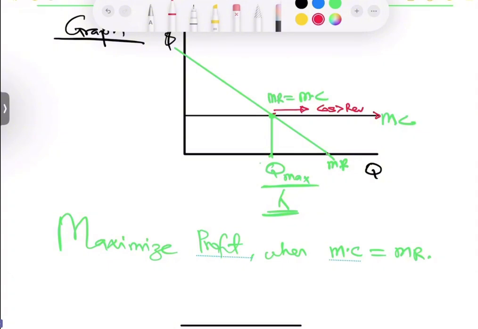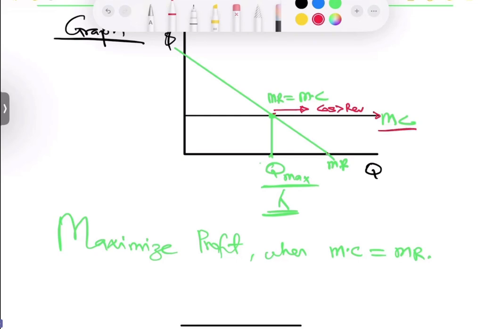Remember that it only makes sense for you to produce extra units if the extra revenue is more than the extra cost. If the extra unit will give you extra revenue that is more than the extra cost of producing that extra unit, that's when it's profitable.